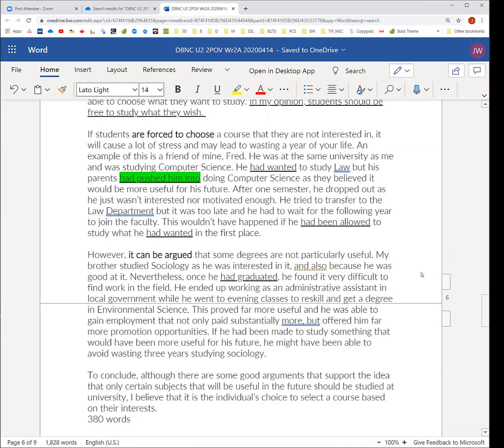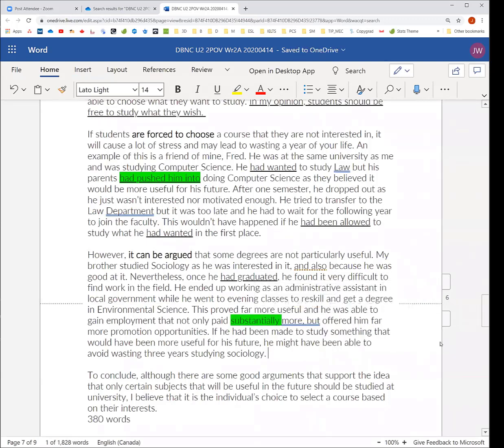He ended up working as an administrative assistant in local government while he went to evening classes to reskill and get a degree in environmental science. This proved far more useful, and he was able to gain employment that not only paid substantially more, but offered him far more promotion opportunities.